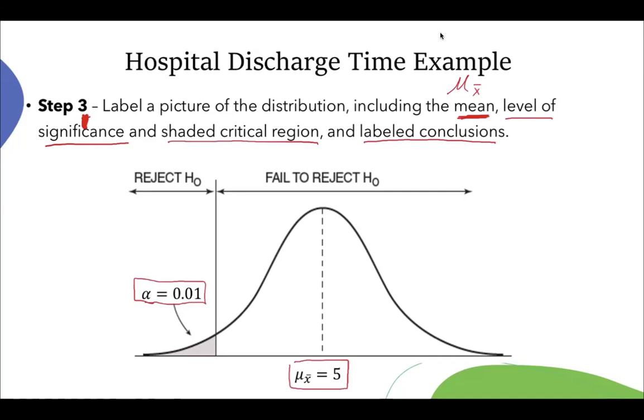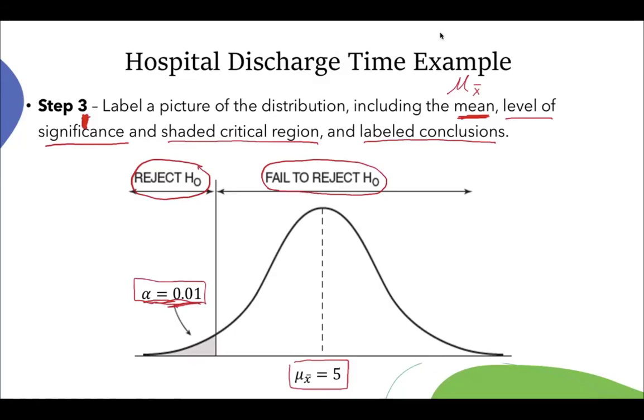That is our critical region. Any p-value within that critical region will give us reason to reject the null hypothesis. Any p-value outside of that critical region, we will fail to reject the null hypothesis. So we're looking for a p-value that is smaller than 0.01.